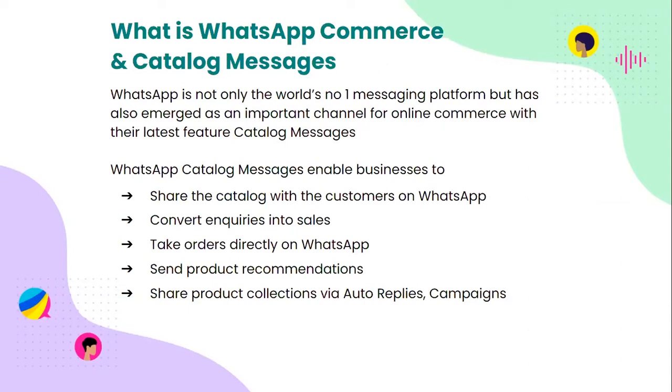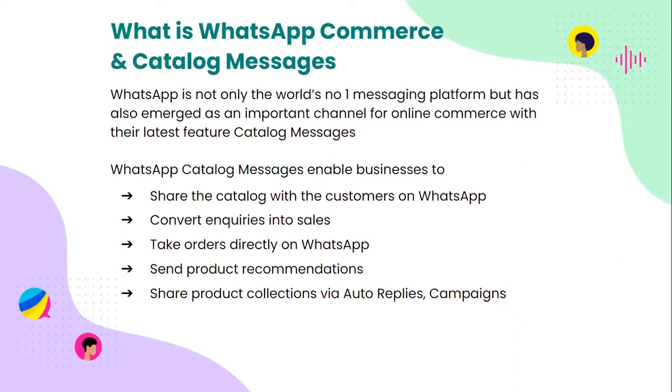So along with conversations, WhatsApp is also trying to implement a shopping experience for their end customers on WhatsApp itself, without the customers leaving WhatsApp. So the end-to-end journey can happen on WhatsApp itself.